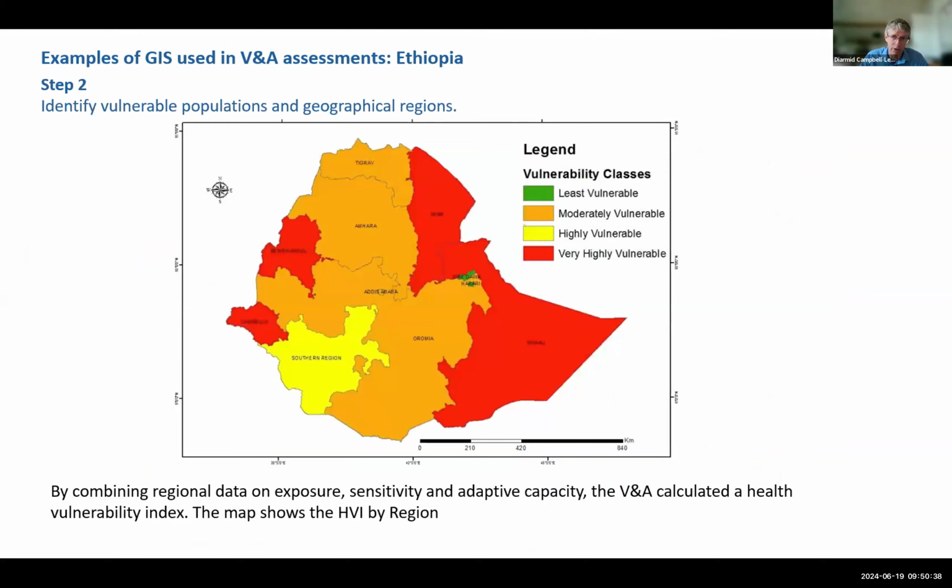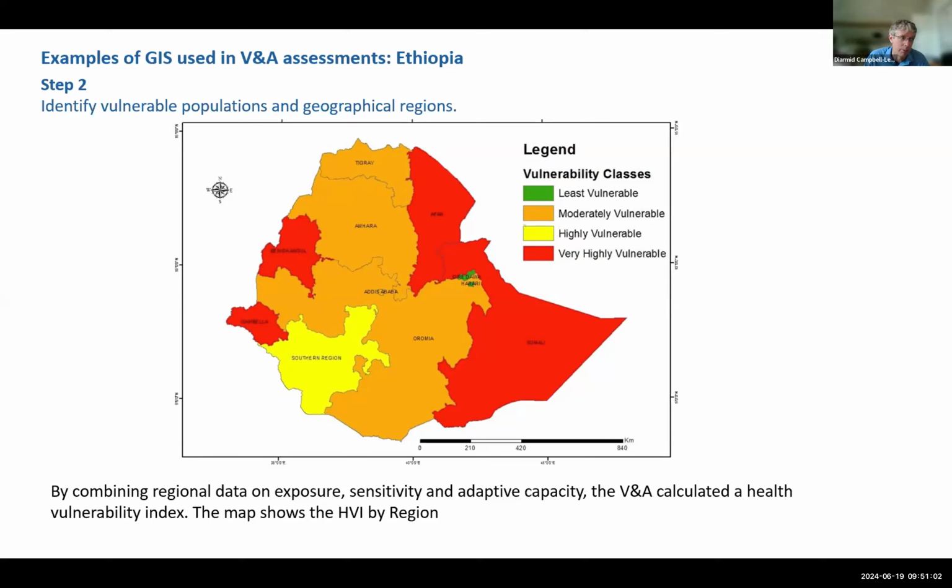And moving forward in terms of the sophistication of combining information, this is an example from Ethiopia, where the country, based on previous analysis, had formed a judgment over the factors that combined to form overall vulnerability to the health impacts of climate change.